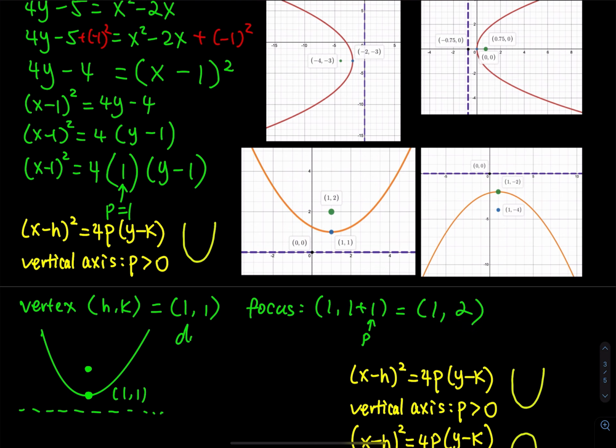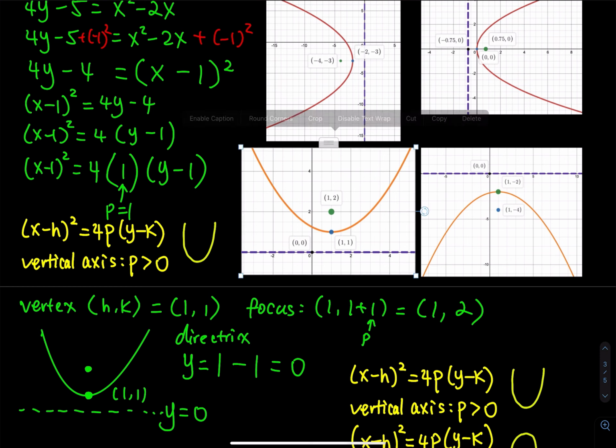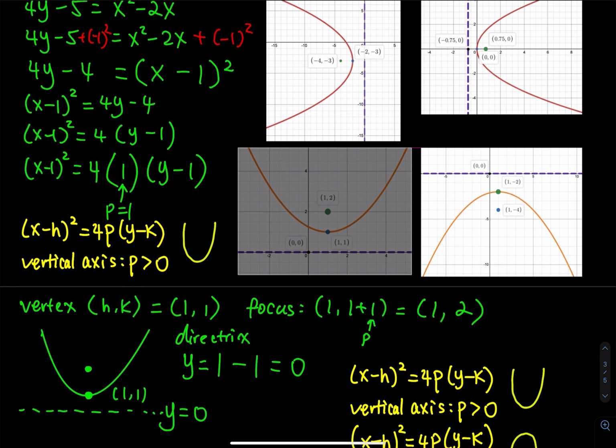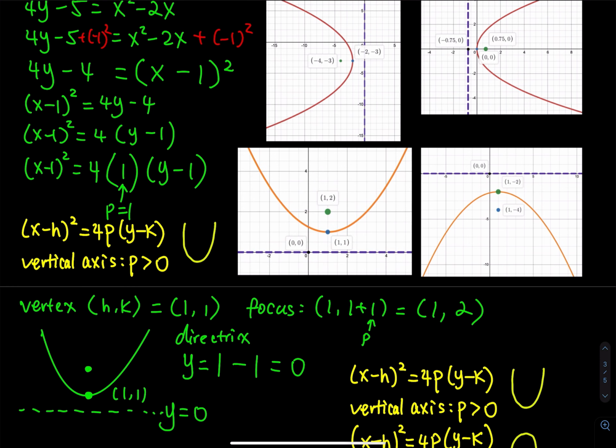The directrix is 1 unit down, which is y equals, based on the vertex y equals 1, you subtract 1 unit, then that is equal to 0, so y equals 0. That is the directrix. So we have the directrix, focus, vertex, and the standard equation, and I also have the graph right over here to confirm my answer, and then the third equation is done.